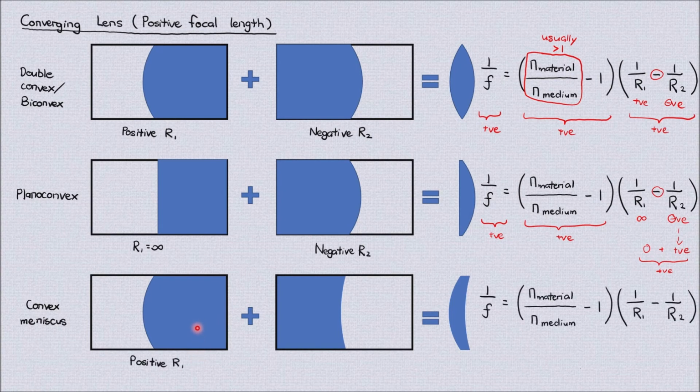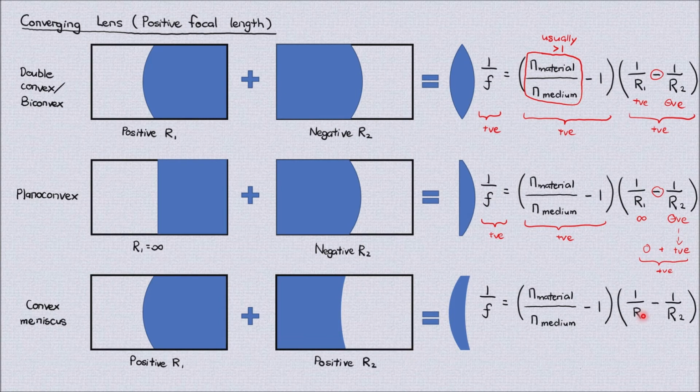Okay, how about R2? For R2, our radius of curvature will also be on the right, and our refracted ray will also be on the right. So they are on the same side of the refracting surface. Therefore, R2 should also be positive.